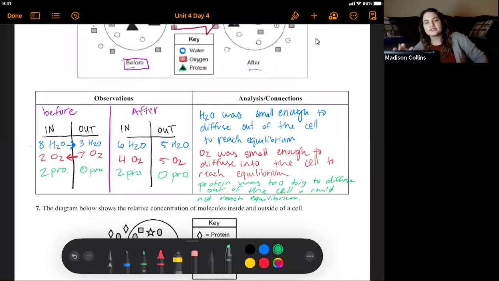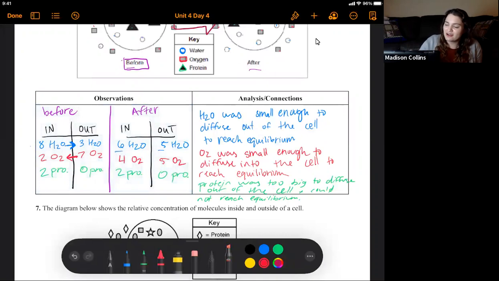All right, so you can see that I've written that water was small enough to diffuse out of the cell to reach equilibrium, right? We see right here that molecules of water were able to move out of the cell to maintain an even balance of water on both the inside and outside of the cell.